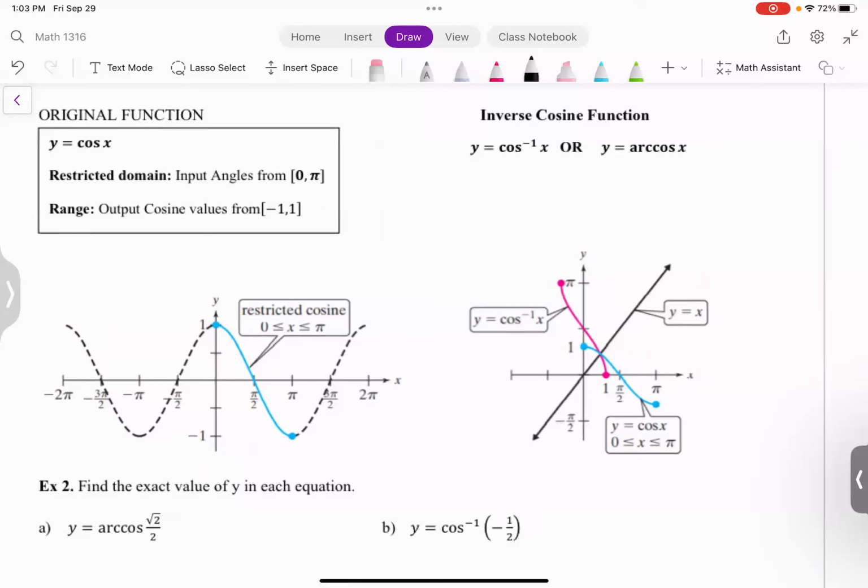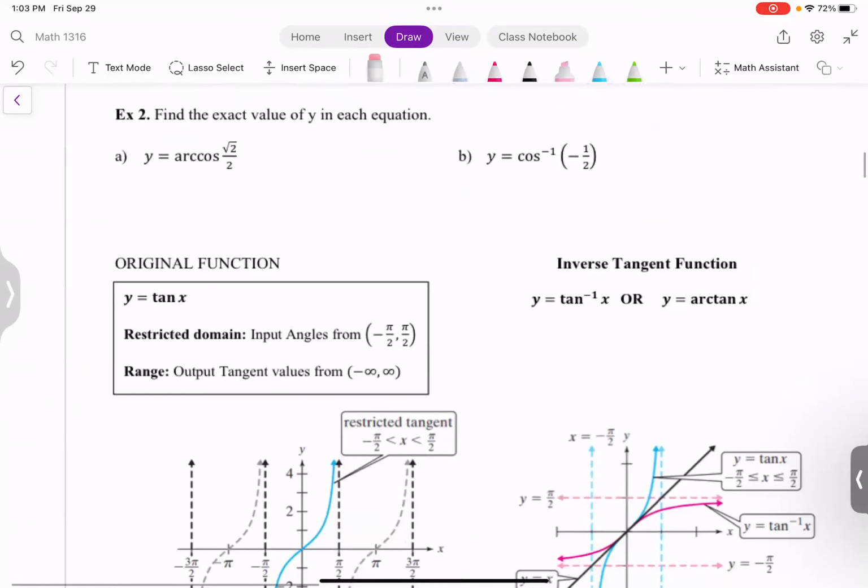The inverse of cosine, we call it inverse cosine x, or arc cosine x. The graph of the cosine, restricted so it has the inverse function, is the blue curve. And if I draw y equals x, the pink curve is its inverse function. Okay, let's move on.